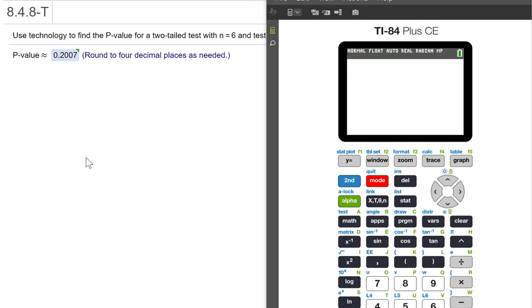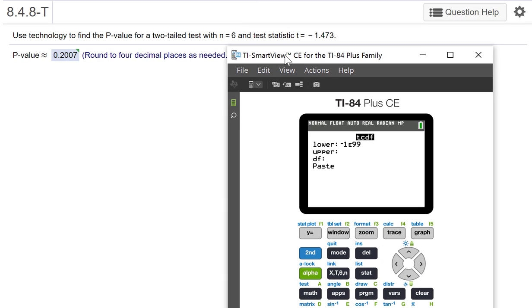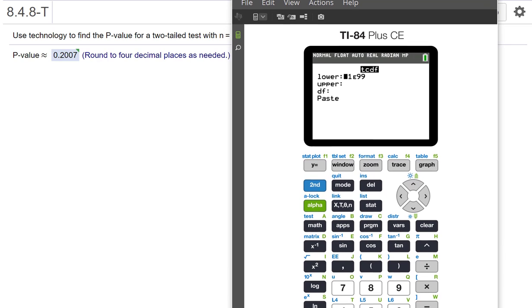So you can do it very similarly on the TI-84. Go to second distribution. And similar to the normal PDF or CDF, we have a T-CDF. So go to T-CDF, lower bound. We can go negative 1.473.